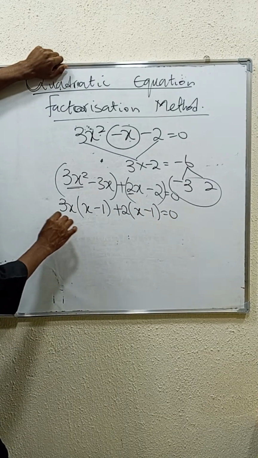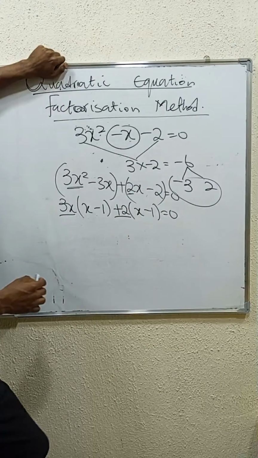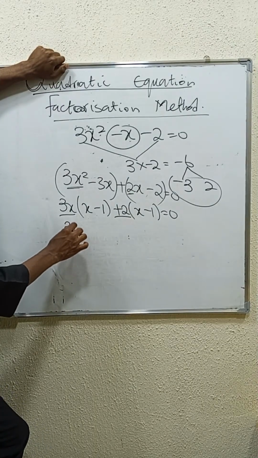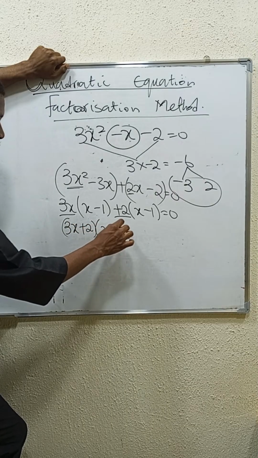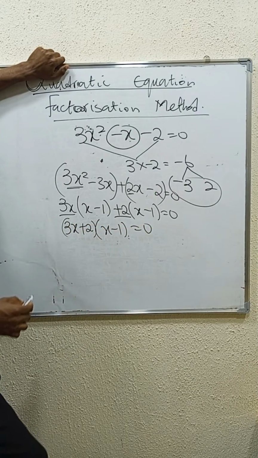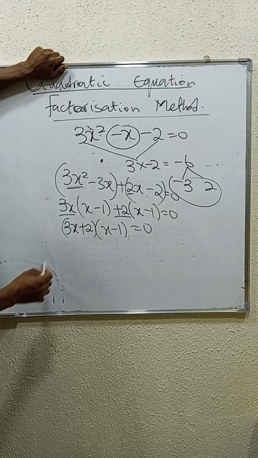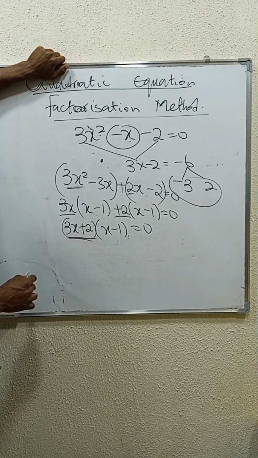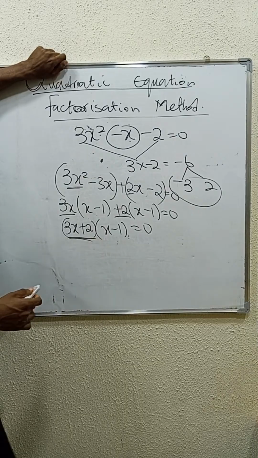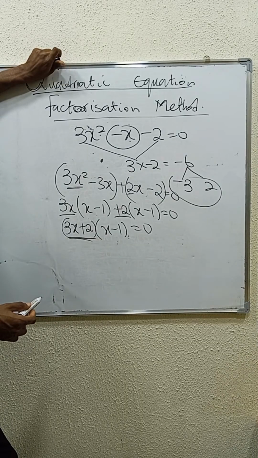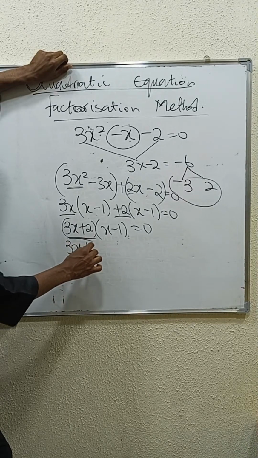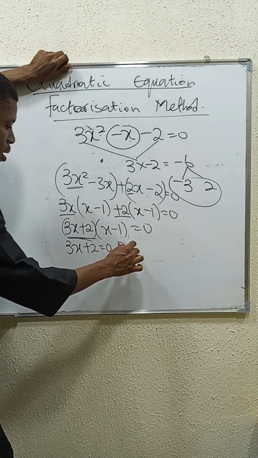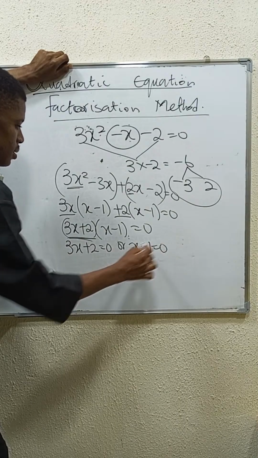So we have 3x plus 2 times x minus 1 is 0. When two things multiply to get 0, one of them is 0 or both are zero. You have 3x plus 2 is 0, or x minus 1 is 0.